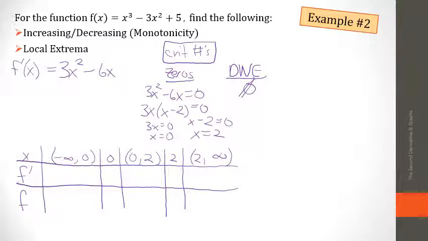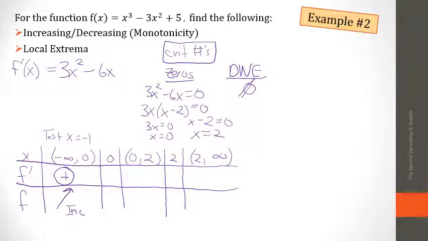A nice tester number for negative infinity to 0 would be negative 1. Testing x equals negative 1, the first derivative is positive, so the original function is increasing or going up.